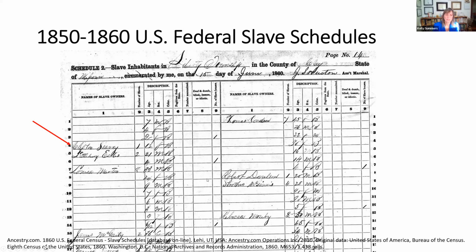We don't have the names of the slaves themselves, but there are other records where you can find the names. I would suggest that it's really important that you research the 1850 and 1860 slave schedules. If your ancestors owned slaves, or if your ancestors were slaves, you need to research the slaves as well as the owner in order to find complete information.